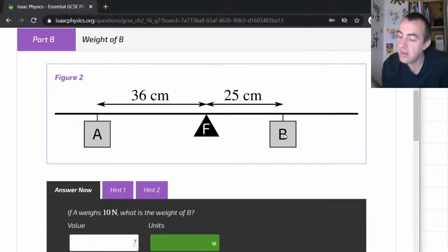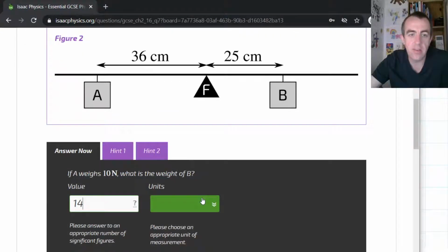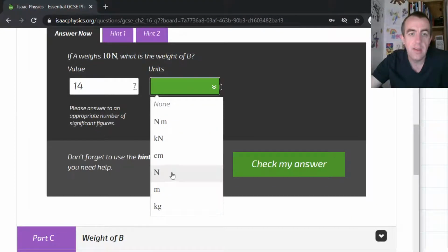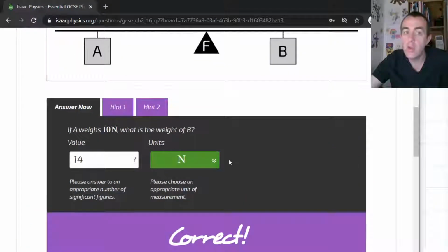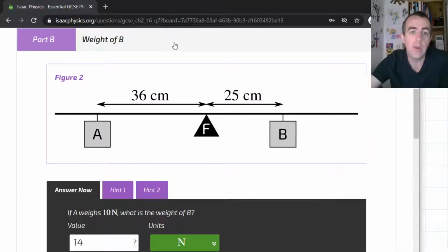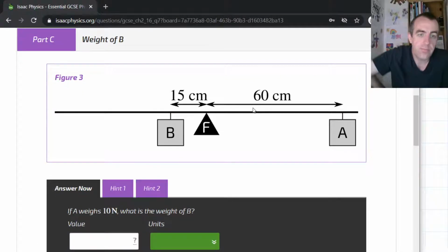We could do 36 divided by 25 to say, look, A is 1.44 times further away, so B has to have 1.44 times the force. And 10 times 1.44 is 14.4. But we're going to go for two significant figures, so let's just call it 14 newtons. That's the weight. Newtons is the unit of weight because weight is a force.